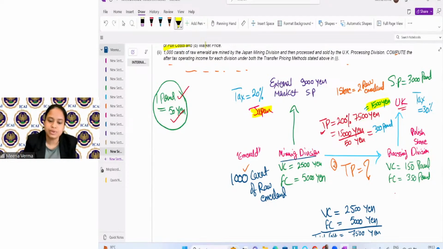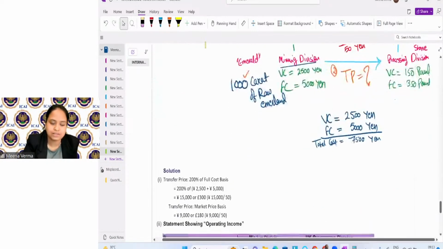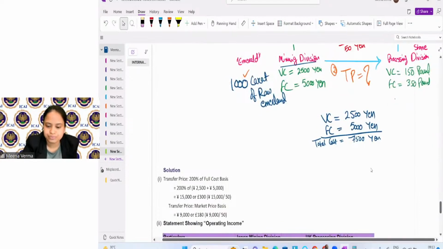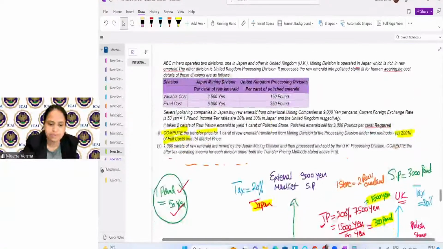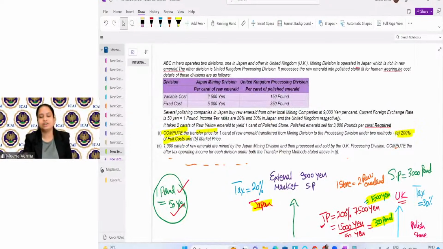And if you consider it in pounds for the UK, it will be 300. The transfer price is coming as 300. So this will be the transfer price in this case, using the first method, your 200% full cost method. Okay, so we have done the first one.